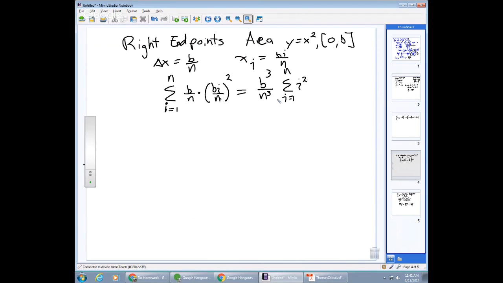We have a formula for the sum of the i squareds, so my constant b cubed over n cubed hangs outside, and the sum of the i squareds is n times n plus 1 times 2n plus 1, all over 6.